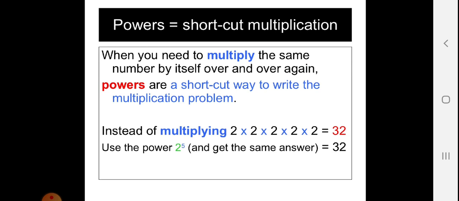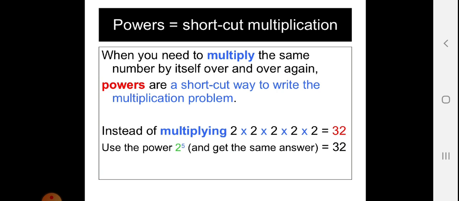Now, how are powers and exponents used? They are the shortcut for multiplication. You saw adding the same number again and again. What will you do when you have to multiply the number with the same number again and again? When you need to multiply the same number by itself over and over again, powers are the shortcut way to write the multiplication problems.